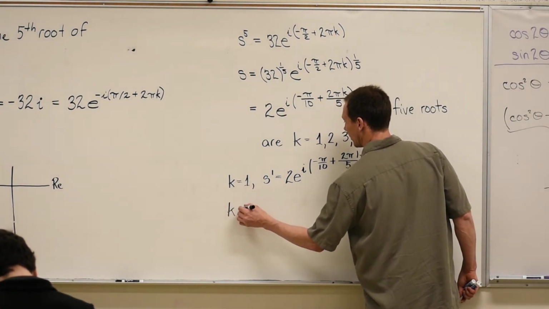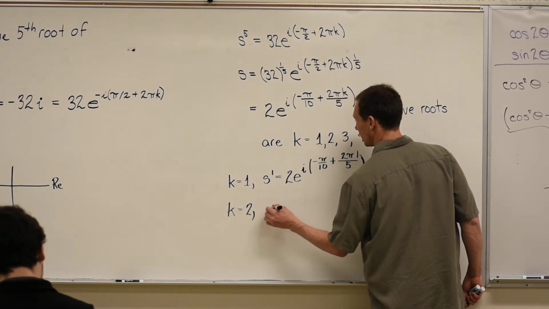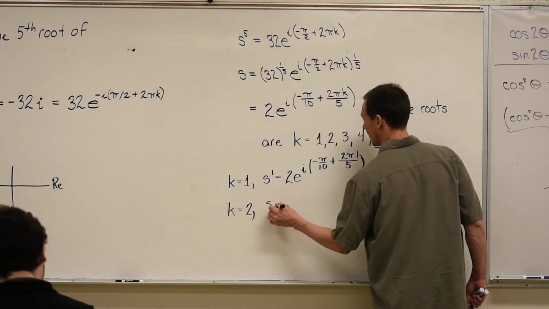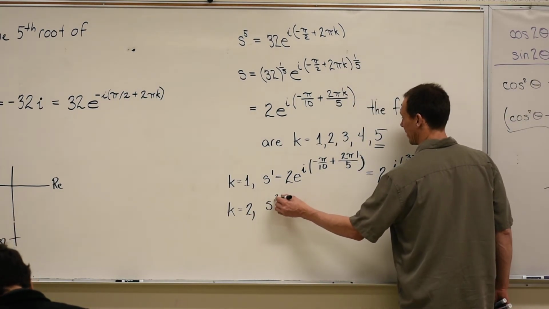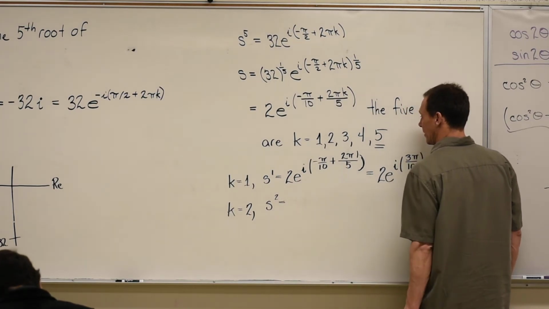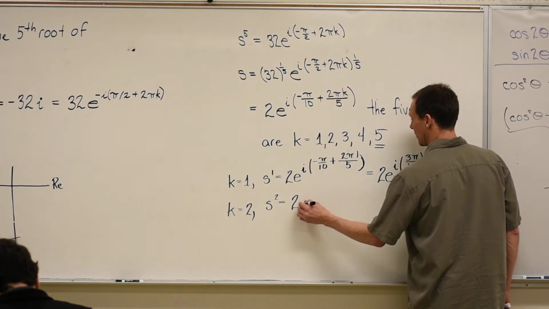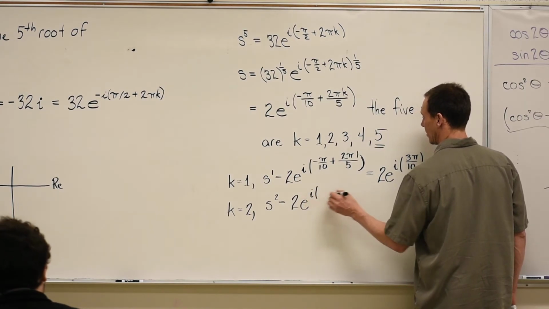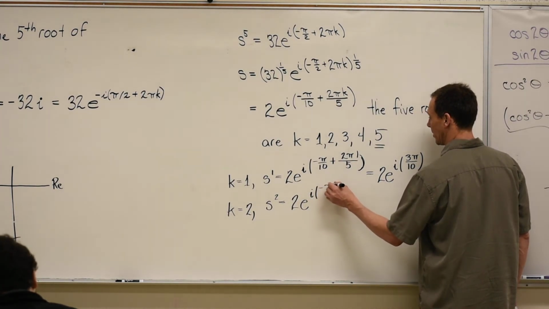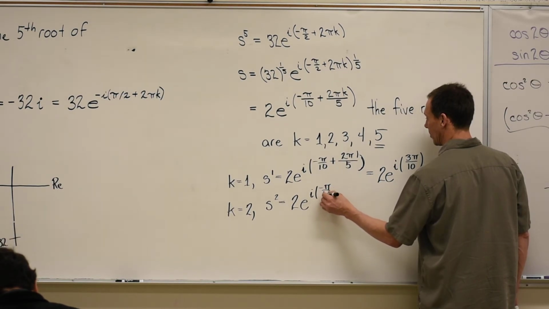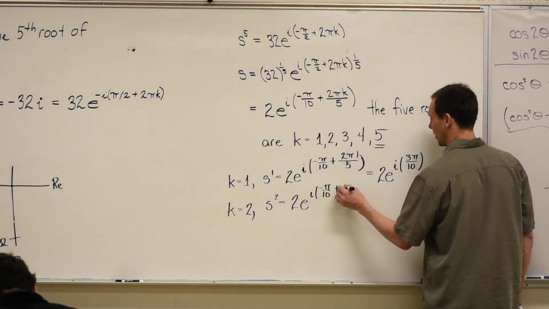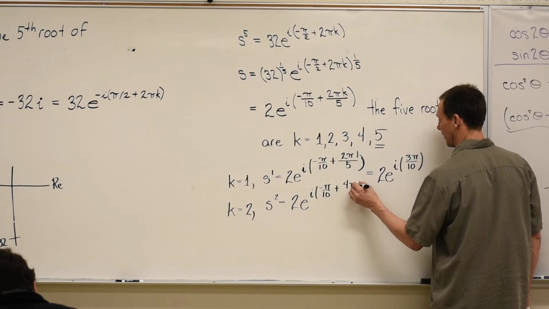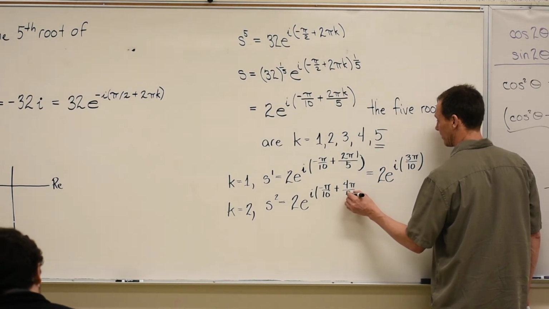And you keep on going. k is 2. This is s squared. It's 2 e raised to the i times minus pi over 10 plus 4 pi over 5.